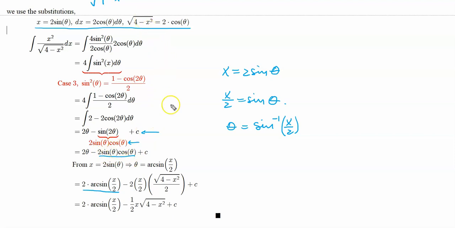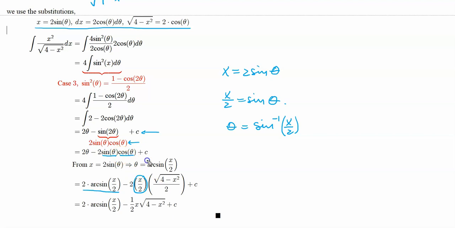Now we can replace the sine theta. So from our diagram up here, or just looking at these equations, the sine theta is x over 2. So in place of sine theta right here, we put an x over 2. So right there it is. There's x over 2.